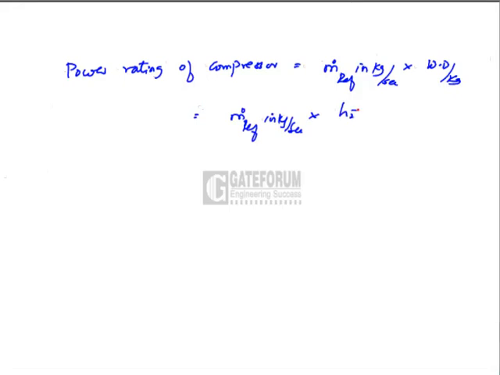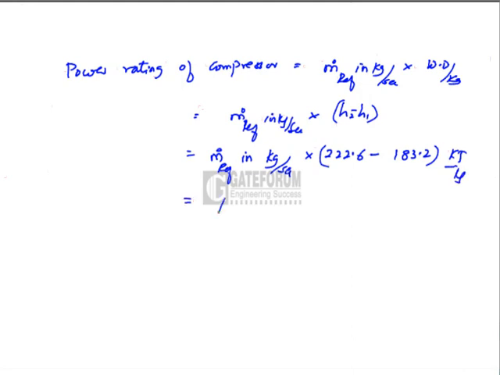Work done per kg is H2 minus H1. Mass flow rate of the refrigerant in kg per second, which we got earlier, H2 is given as the data compressor exit 222.6 minus compressor inlet is 183.2. This is the work done per kg in kilojoule per kg. You get the compressor power in kilowatts. Kg gets cancelled. Kilojoule per second is kilowatts. This is the another answer that is asked.